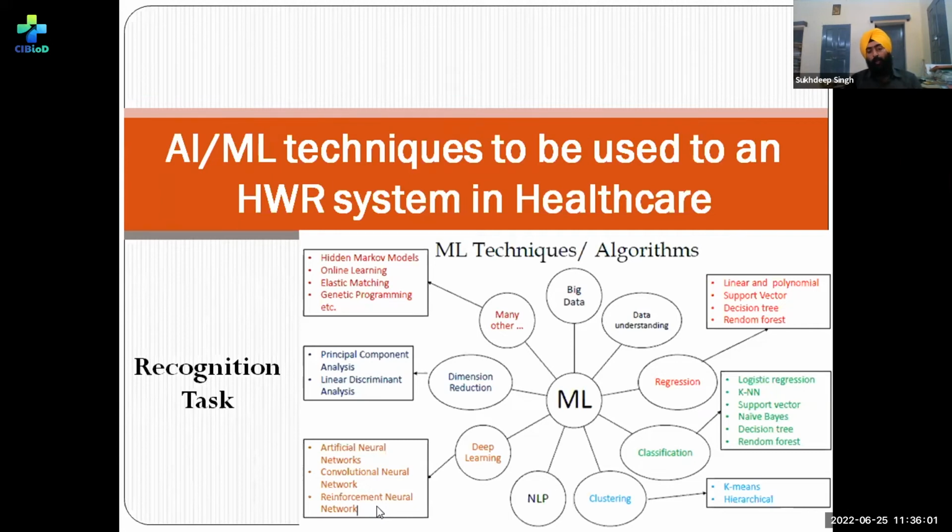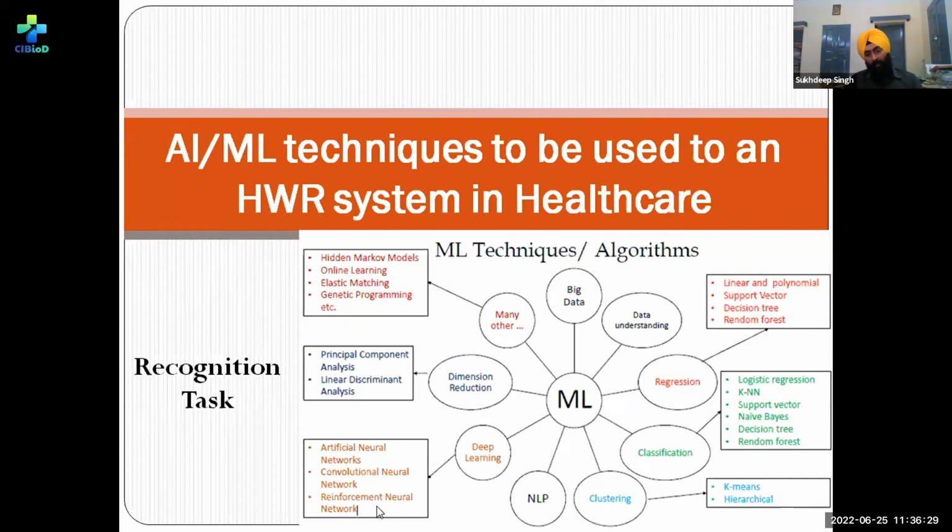In deep learning, three models are most commonly used for handwriting recognition. The first one is LSTM, the second one is BLSTM, and the third one is CNN. If we are working with image data, we can use a convolutional neural network, CNN.